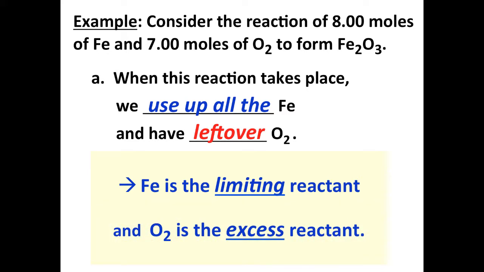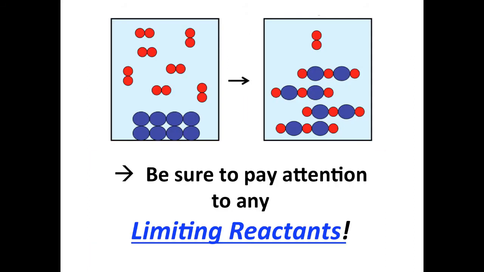And we would say that oxygen, O2, is the excess reactant. There's more of it than we need, and it doesn't limit how much product can be formed. So whenever you're dealing with quantitative aspects of chemical reactions, it's important to pay attention to whether or not there's a limiting reactant, because that's going to affect how much product can be formed.